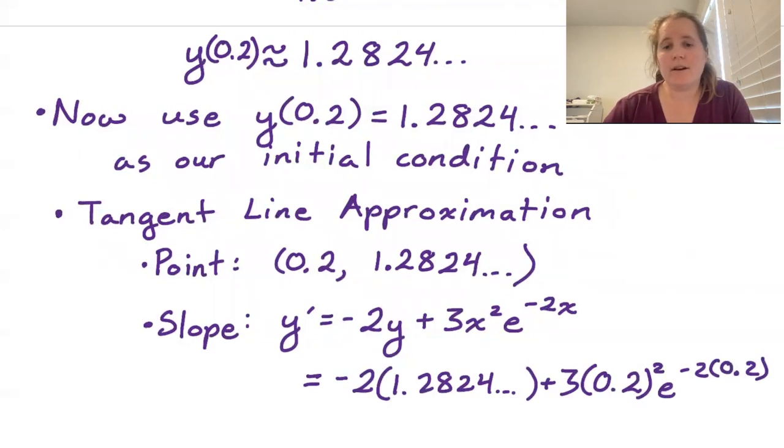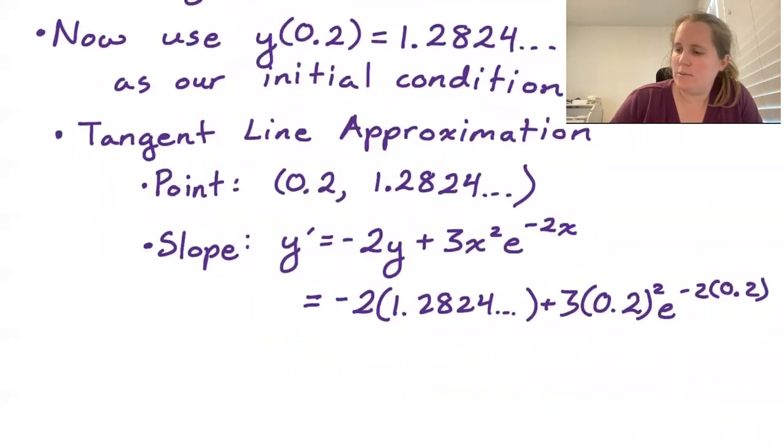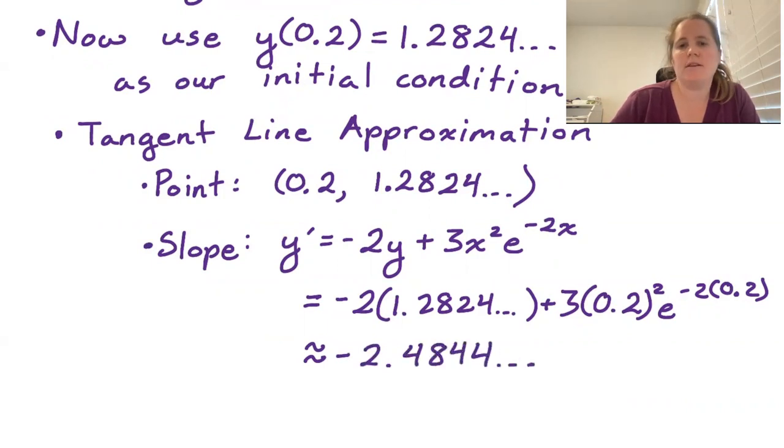Plugging that into our calculator, we wind up getting this is approximately negative 2.4844, and then more digits to follow.